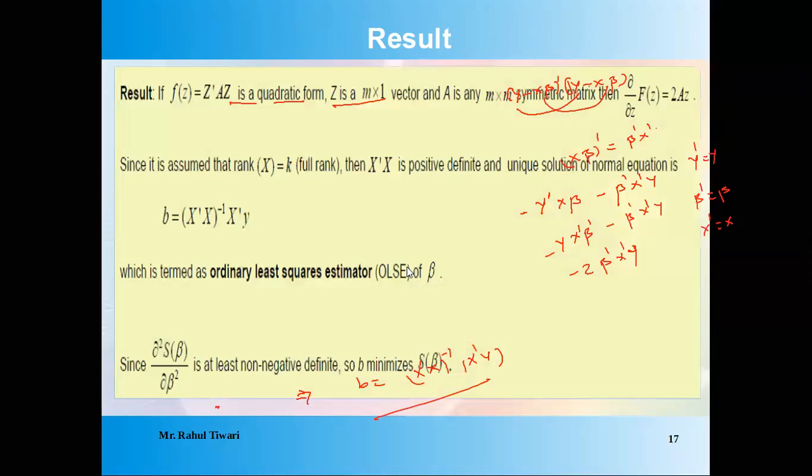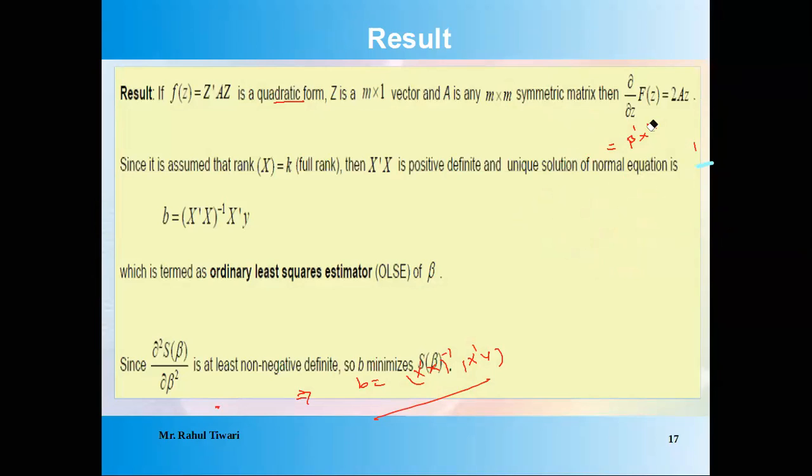So this result is important. Again, this result will be quite difficult, because understanding itself is very difficult.